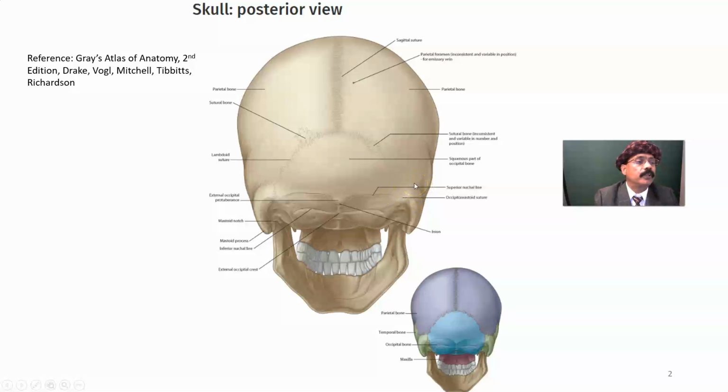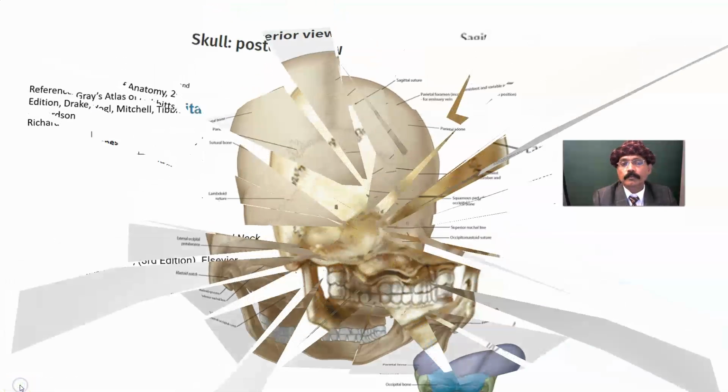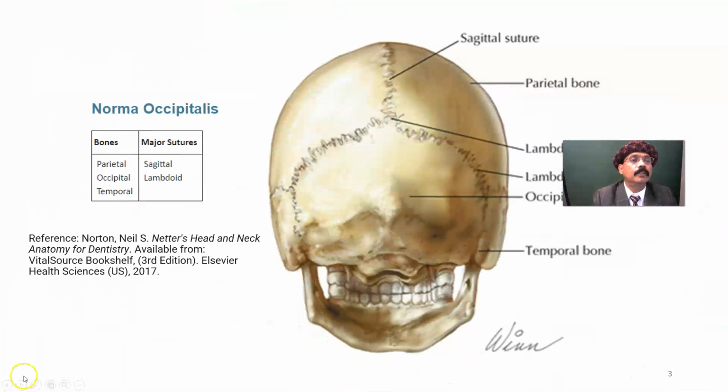Again, in the Norma Occipitalis we have the major sutures, the sagittal suture and the lambdoid suture, and also the occipitomastoid suture and the parietomastoid suture.